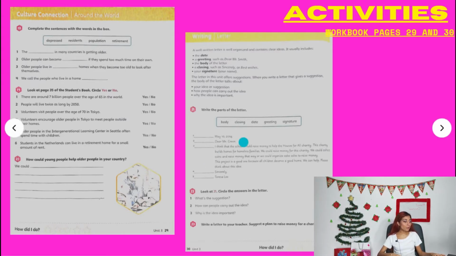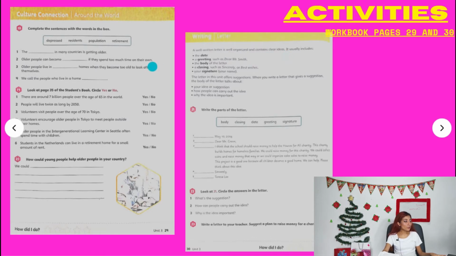And then we're going to go to page 30. In page 30 we have this, and it's the explanation that I already gave you, and it says, a well-written letter is well organized and contains clear ideas.